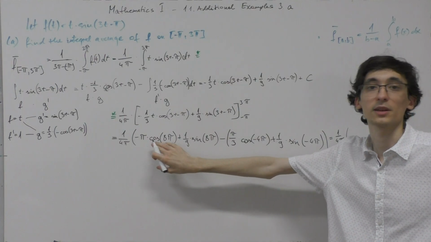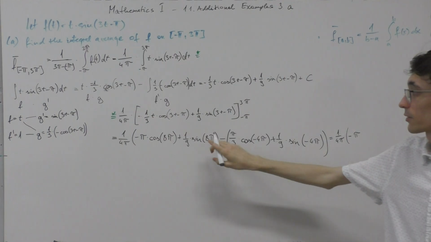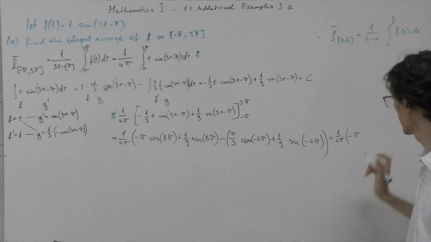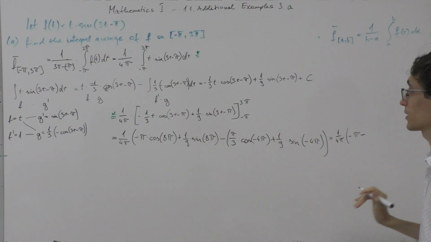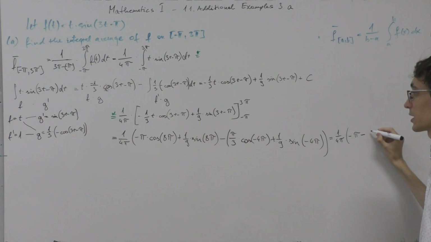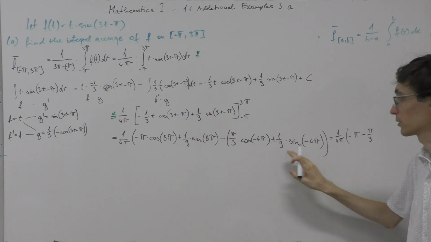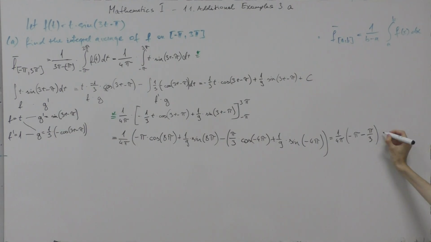The cosine of 8 pi is 1, so we have negative pi, and the sine of 8 pi is 0, so this term will be 0, minus the cosine of negative 4 pi is yet again 1, so we will have only pi over 3 here, and the sine of negative 4 pi is 0, so this term will be 0 again. And now here we have just negative 1 over 3.